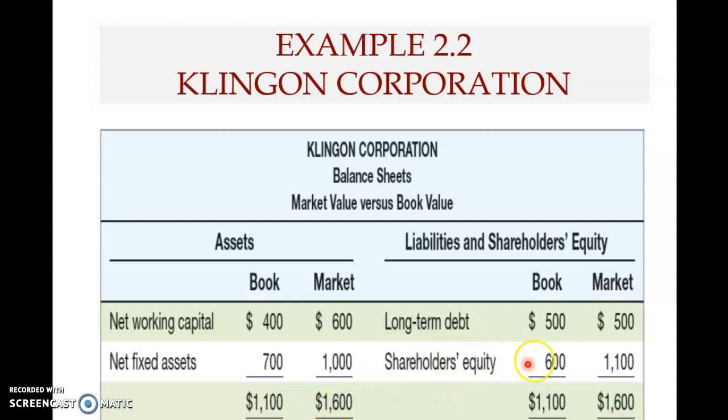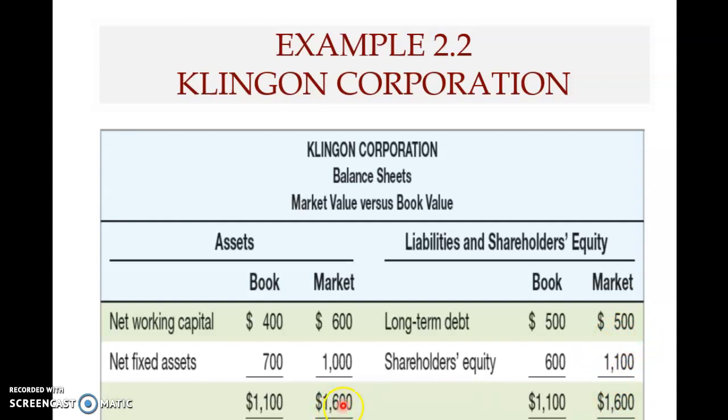And for shareholders' equity, you find that there will also be a difference, but the shareholders' equity is largely due to the difference between the total market value and the total book value. In this case, it's 500, right? So here also, the total market value of liabilities and owner's equity must be the same as here.